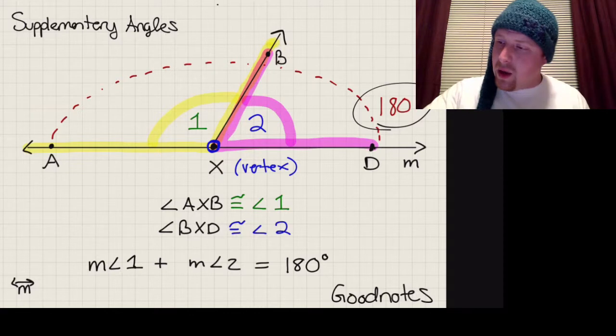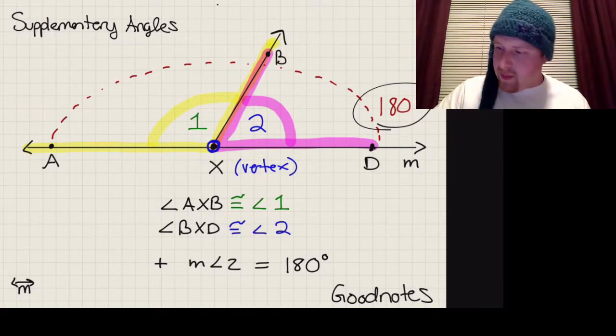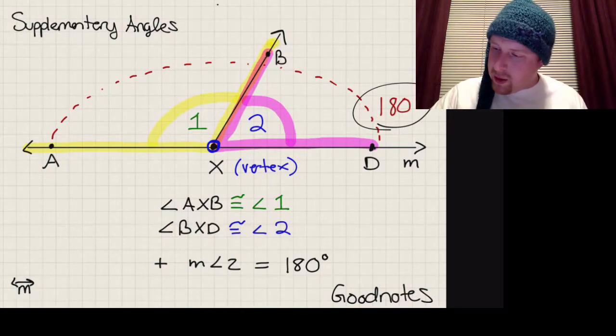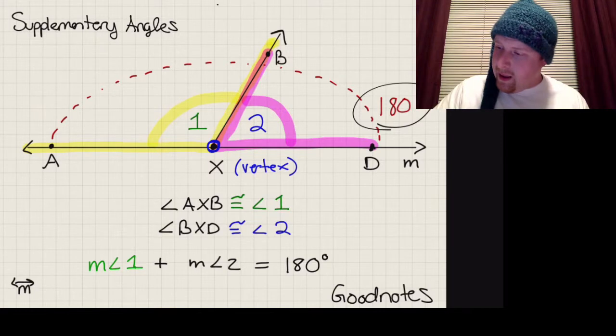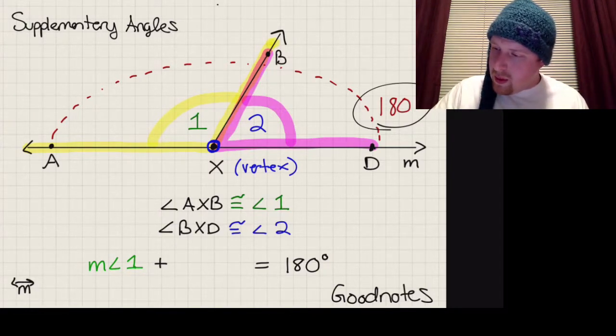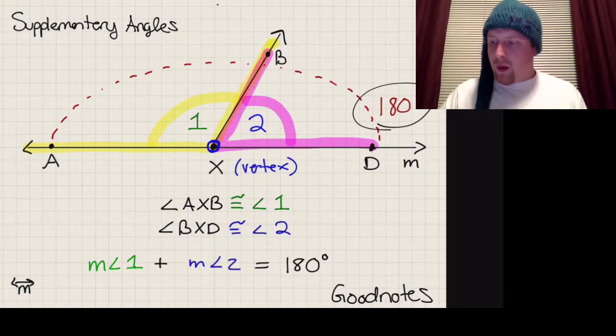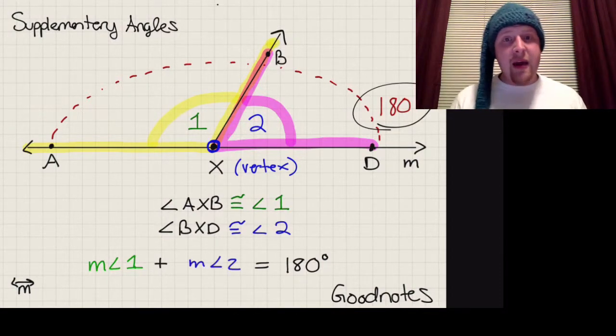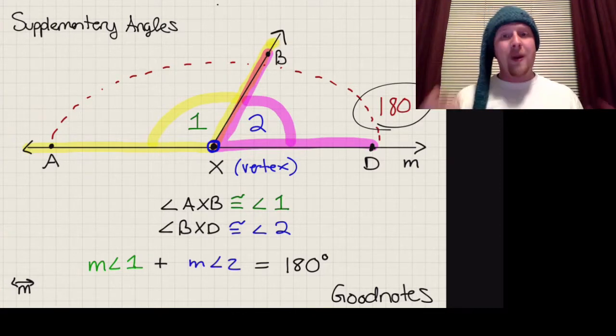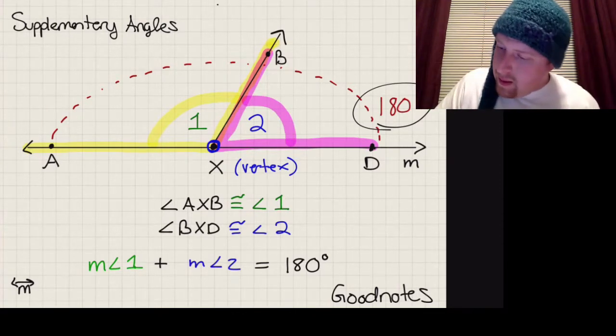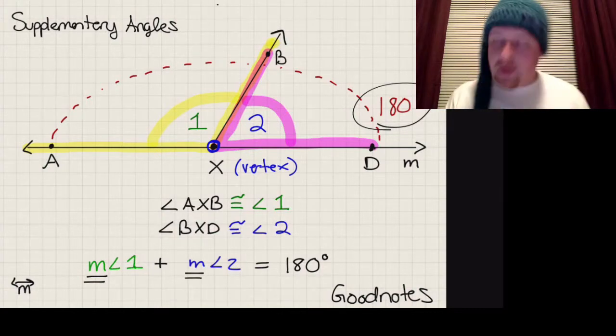Notice that I included the M on these measurements. And you'll see that it kind of disappeared there because I'm changing the color a little bit. So that one's green, and I'm going to make this one blue to match. Okay, so the green angle plus the blue angle, or angle 1 plus angle 2, when added together, equals 180 degrees.